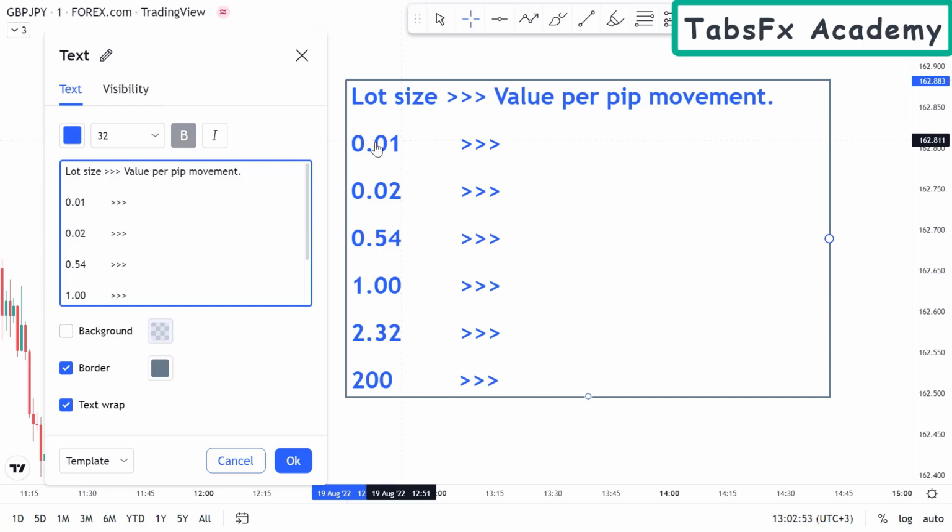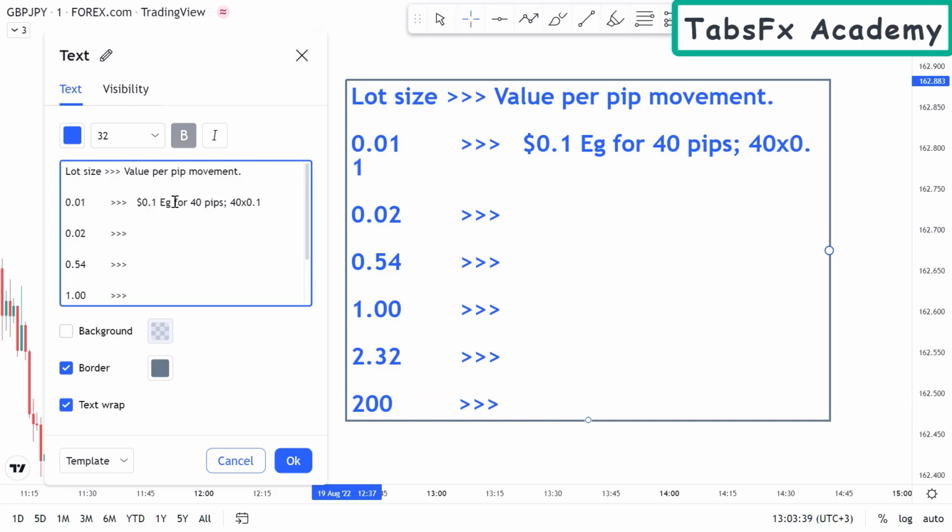So if you place 0.01, how much do you get per pip? This one will simply multiply by 10 and get 0.1 US dollars. That is what each of the pip moves. For example, for 40 pips, you simply calculate 40 times 0.1, and for this case you will get $4.